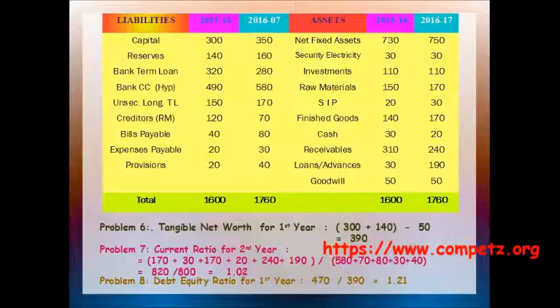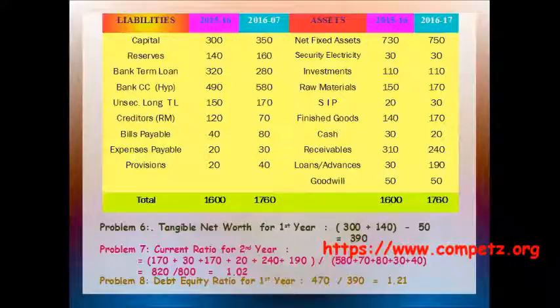Friends, owner's fund can be calculated in different ways. Like, you can calculate owner's fund as total assets minus total liabilities. You can do that, but remember one thing: total assets means all your fixed assets and your current assets, not your intangible assets. Similarly, total liabilities means, friends, your long term loans or long term liabilities as well as your current liabilities.